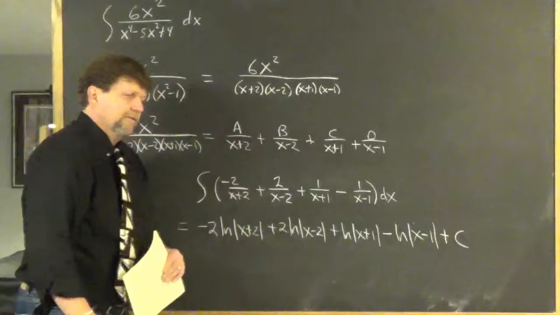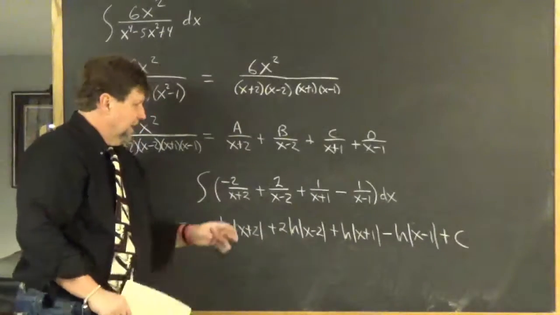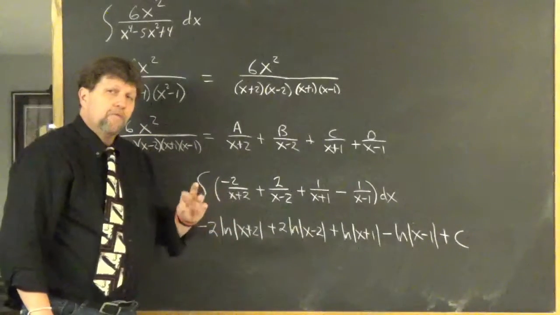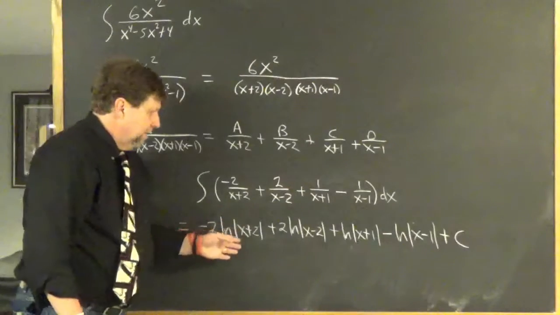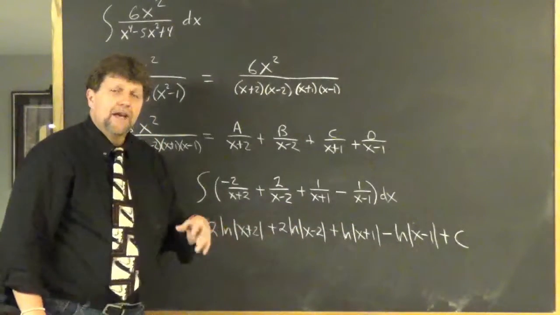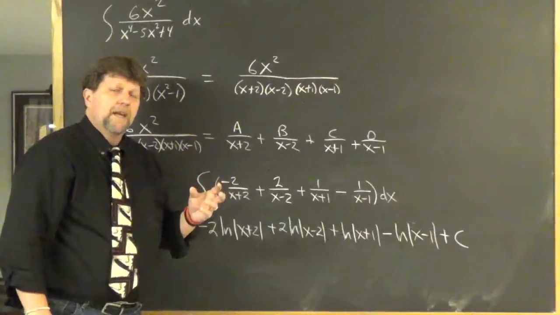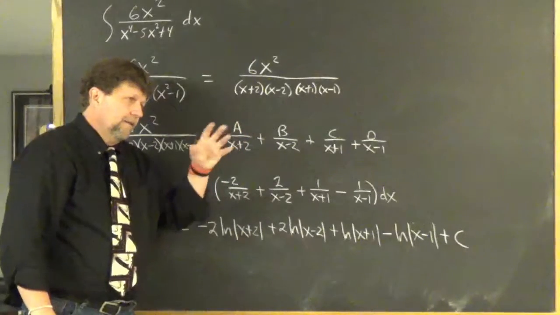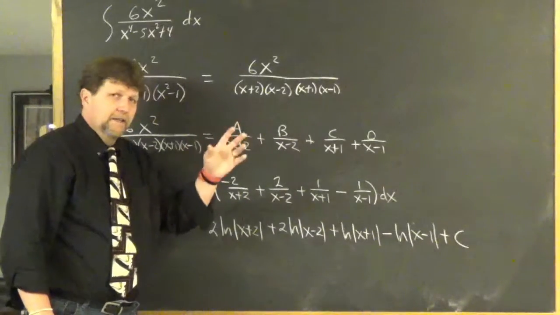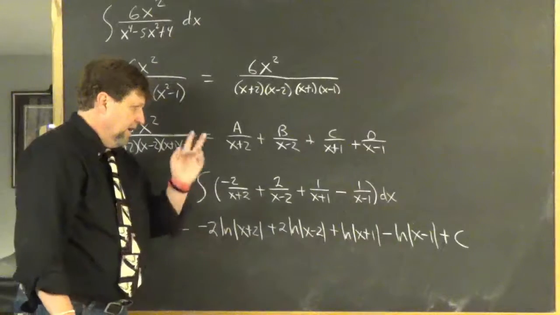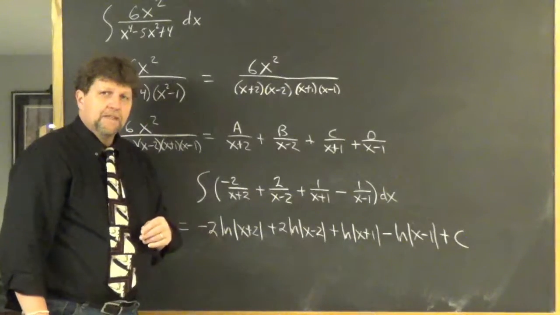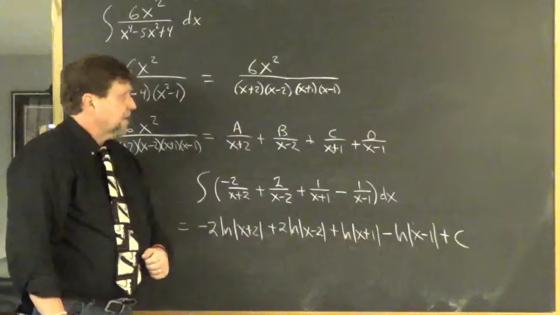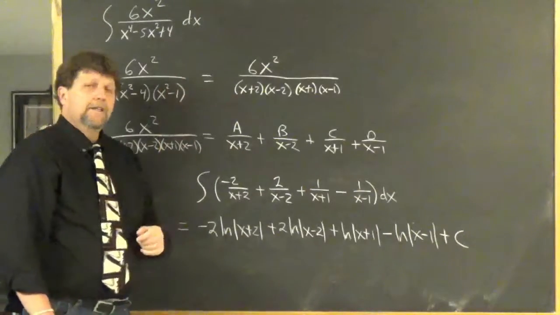And shouldn't forget to tack on a plus C. I'm sure the back of the book has used properties of exponents to combine all that down into a single logarithm statement, product in the numerator, product in the denominator. I'll let you see how to simplify it down. But that's all there is to integrating that one.